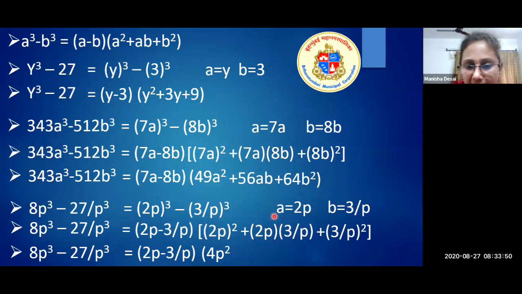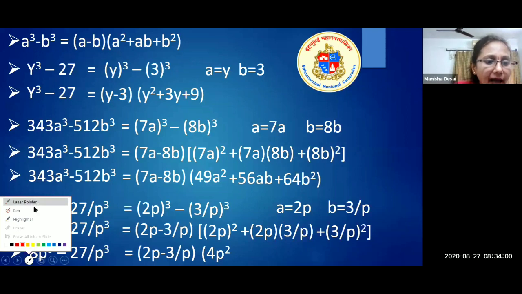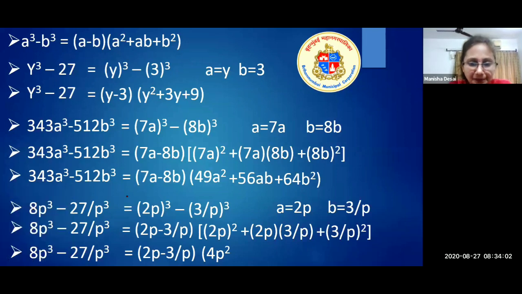But here you can see that this p is in the numerator and this p is in the denominator. So what will happen? This p and this p will get cancelled. Only 2 into 3 remains, and 2 3s are 6. So we are going to write plus 6.